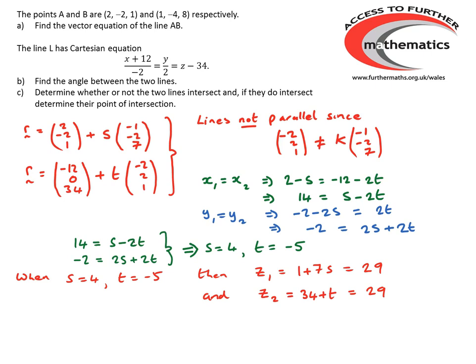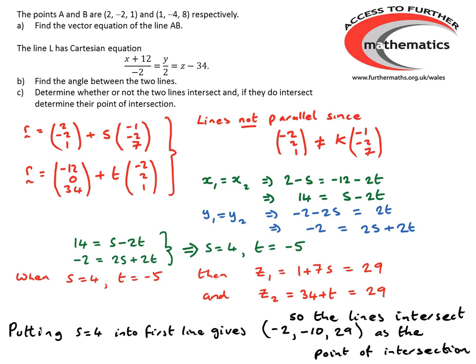On the other hand, if t is -5, then the z coordinate of the second line is 34 plus t, which is 34 plus -5, which also gives me 29. So the fact that z1 is the same as z2 tells me that the lines intersect, and the point of intersection can be found by substituting s equals 4 into the first line.